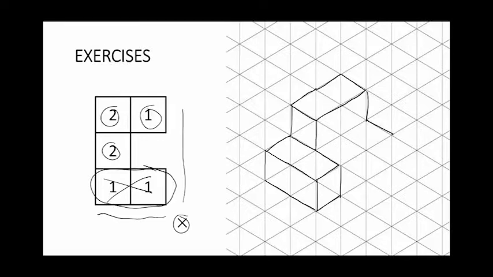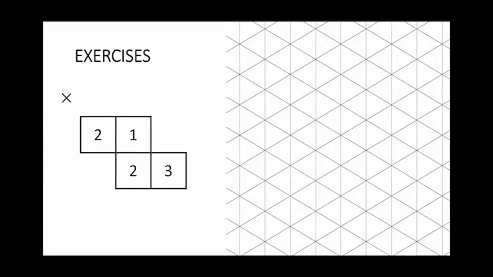So I'm going to draw that cube of height 1. And I believe that will complete our isometric drawing. So let's move on to the next example.